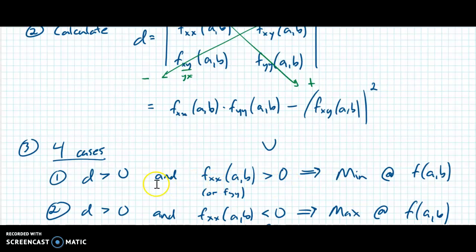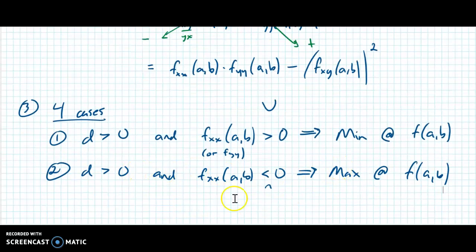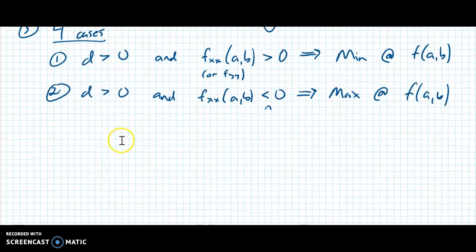So once I get D greater than 0, I can check one of the second partials and see if it's positive or negative. And I know that all the other second partials would have that same positiveness or negativeness, and I would get that min or that max, depending on what the value was.